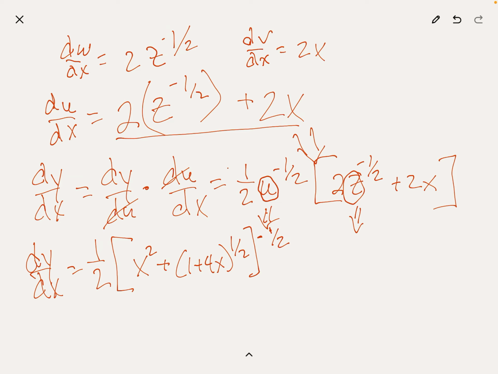So that's substituting in for u, and we're going to multiply all of that by 2 times z to the negative 1/2, and z we defined as 1 plus 4x to the negative 1/2 power. Yeah, (1 plus 4x), and then plus 2x.